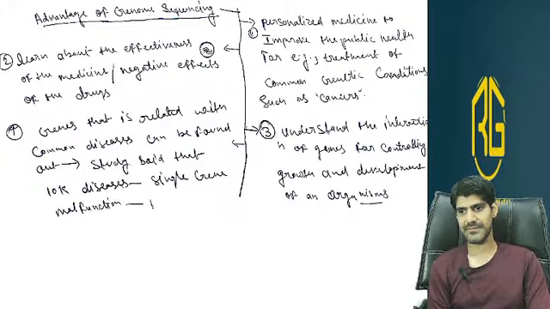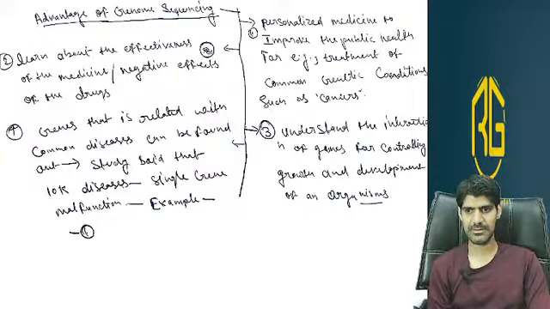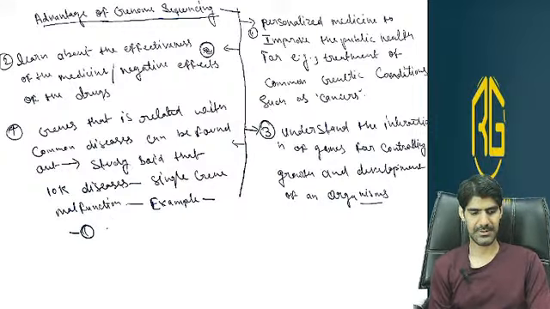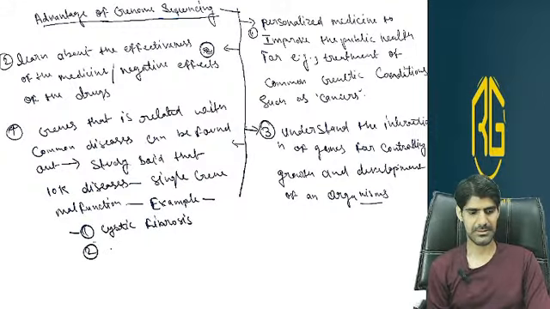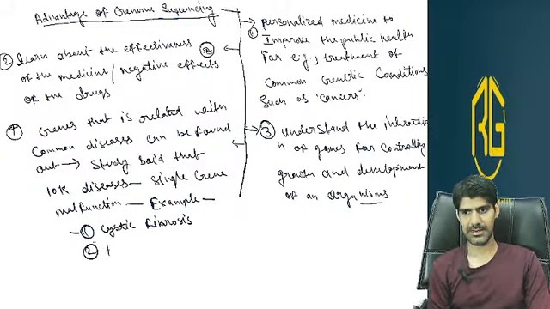For example, the first one is cystic fibrosis, and the second one is thalassemia.